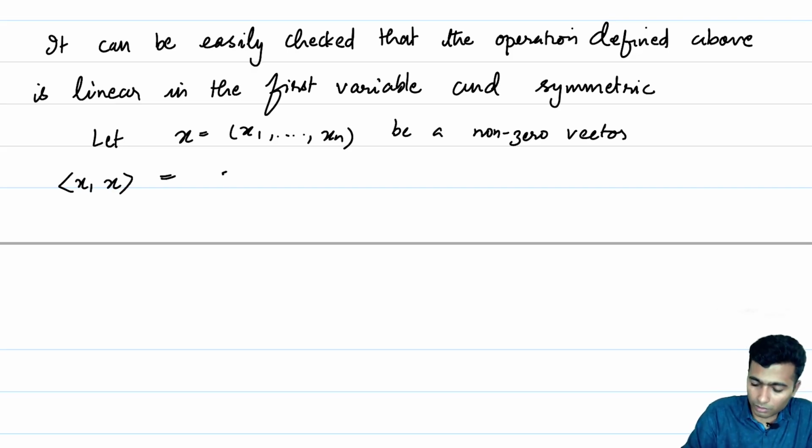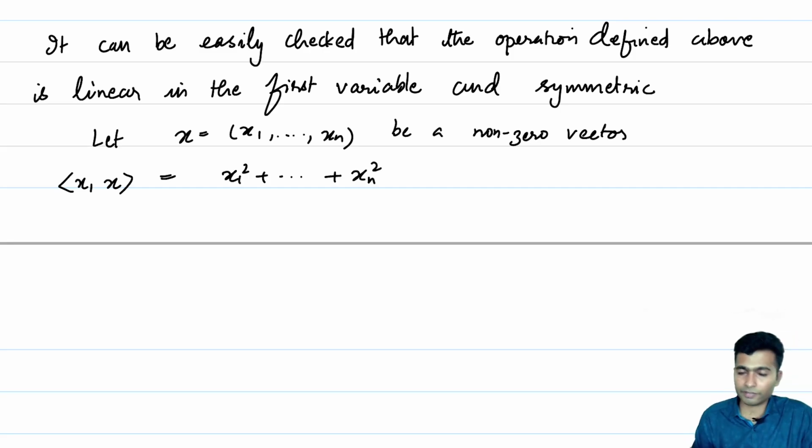This is equal to x1 square plus up to xn square by very definition. But each of these are non-negative numbers and at least one of them has to be positive. It's a square, right? So it has to be a positive number always, and if xi is not 0, it will be a strictly positive number.